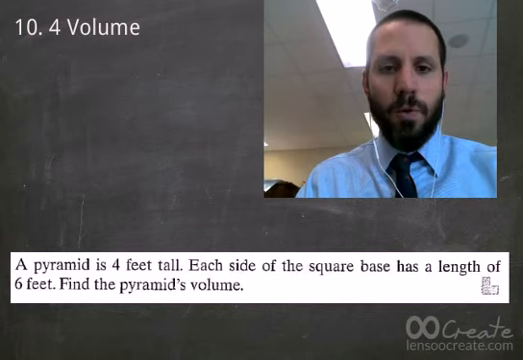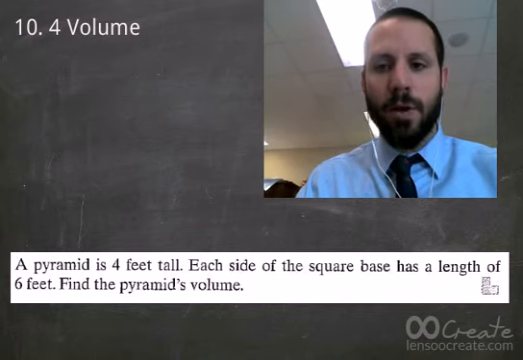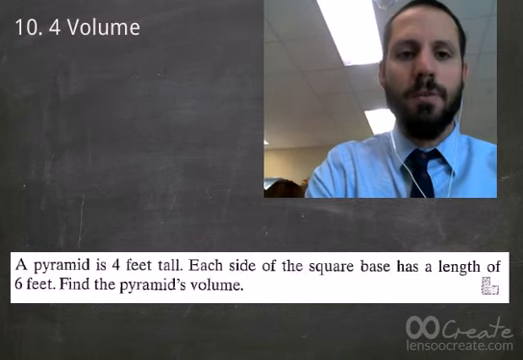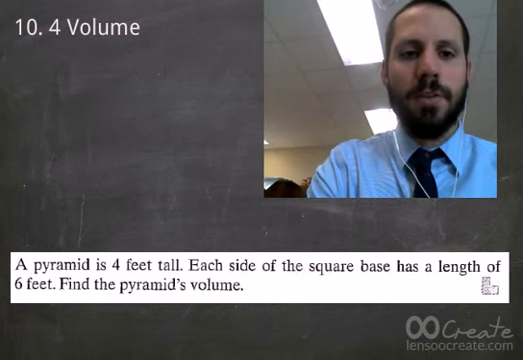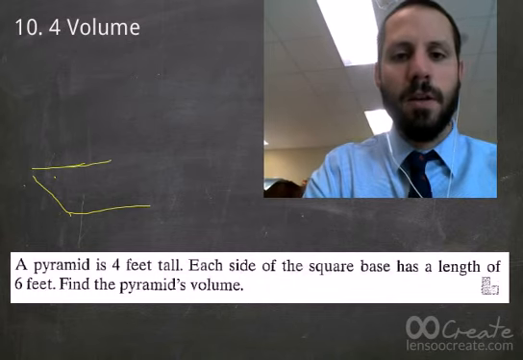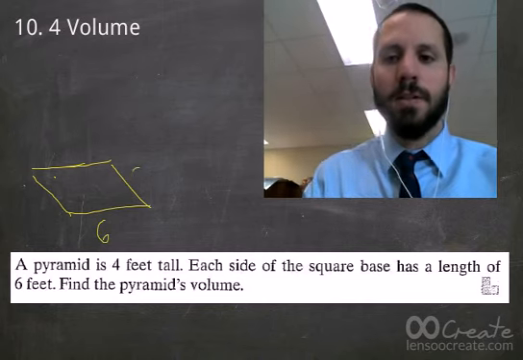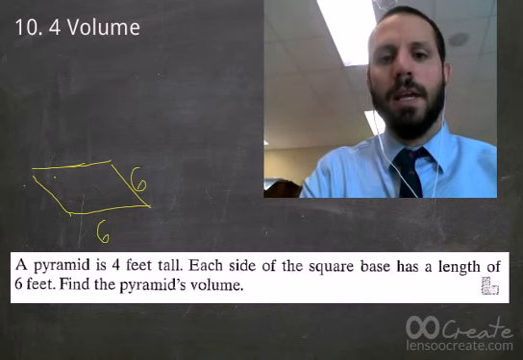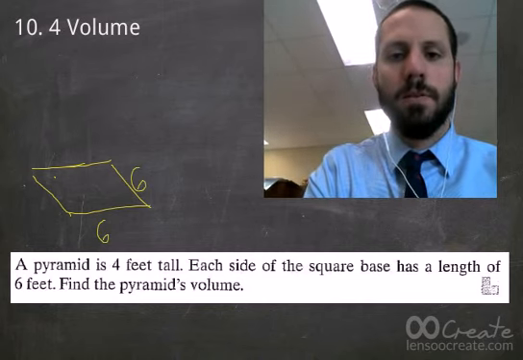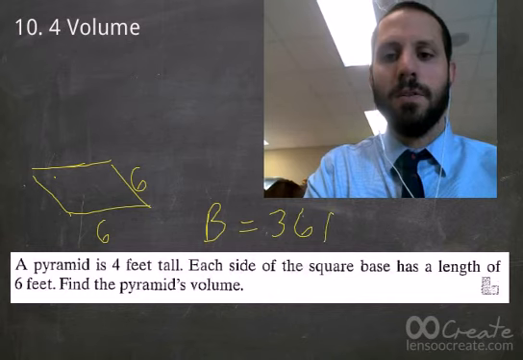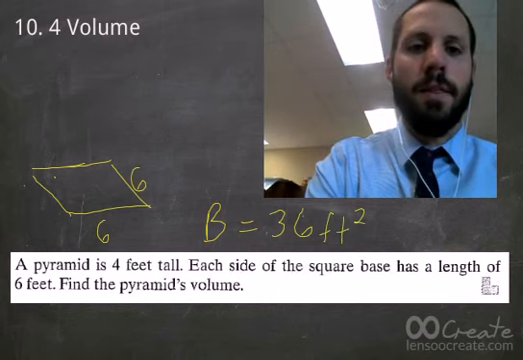All right, let's try another problem. A pyramid is 4 feet tall. Each side of the square base has a length of 6 feet. Find the pyramid's volume. So if we can draw that square base, semi-squarish, each side of the base is 6 feet. So the area of the base, which we're calling big B, is 6 times 6 is 36 feet squared.